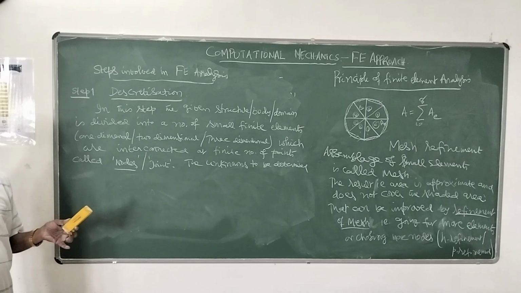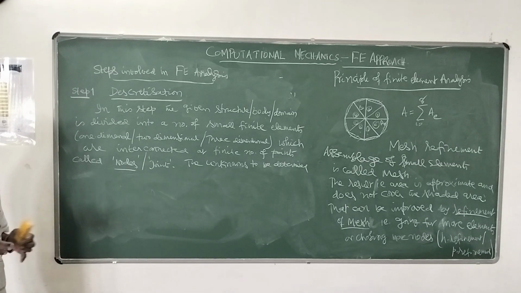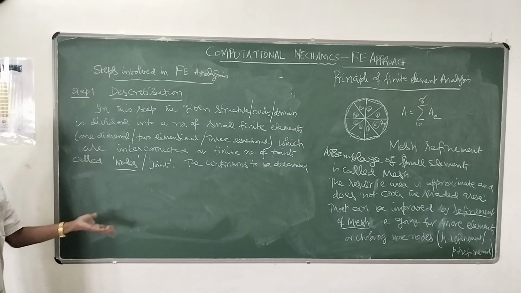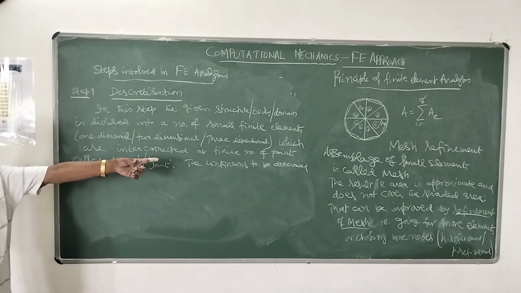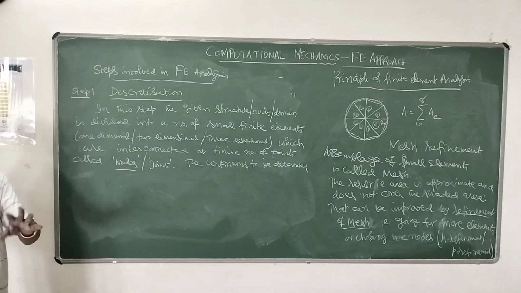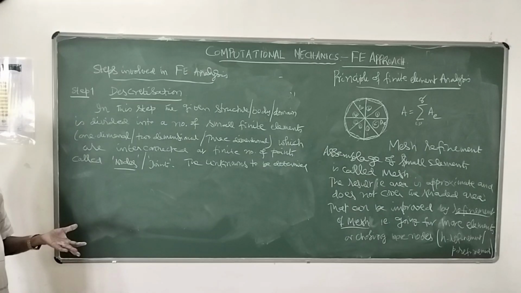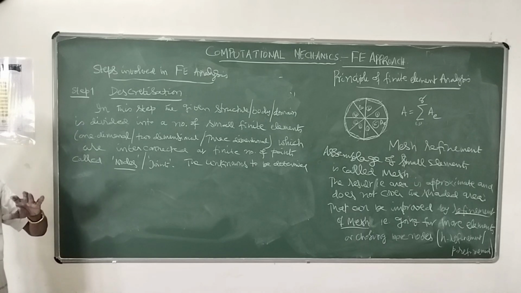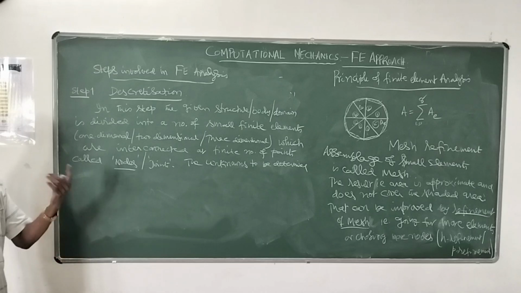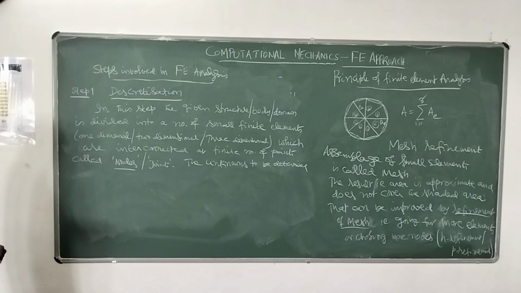These three direction loads will result in three displacements in general. Those three displacements we call u, v, w. Displacement in x direction is called u, y direction v, z direction w.